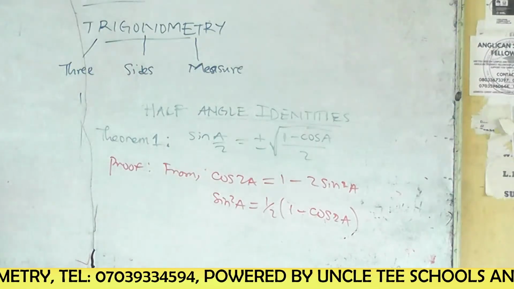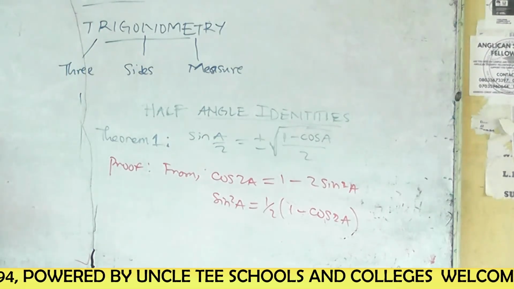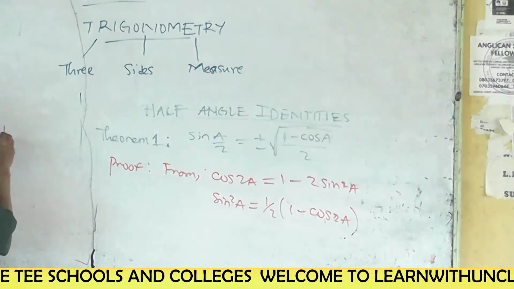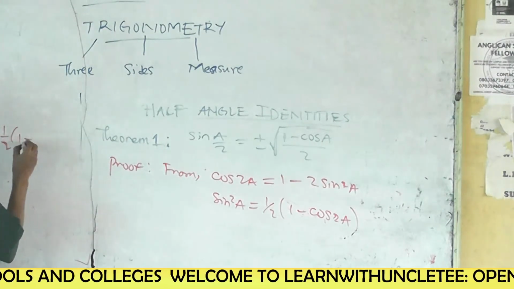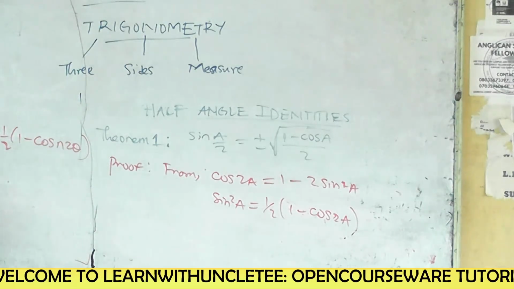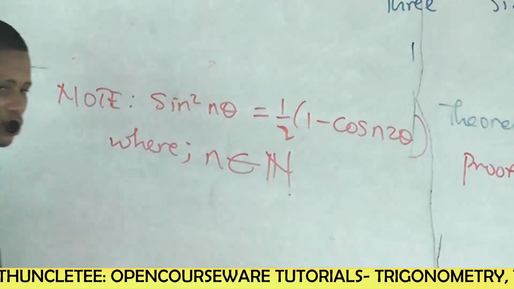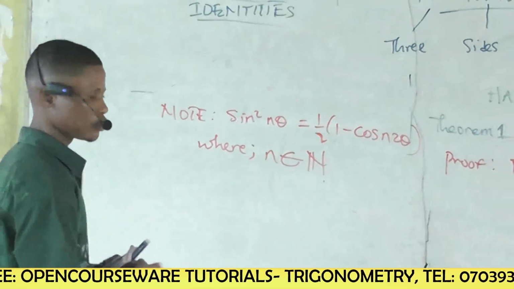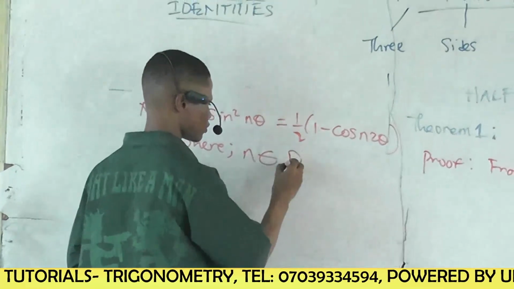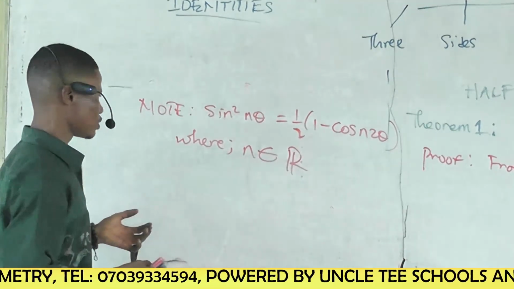Note this. If you have sine square n theta is equal to 1 over 2 into brackets 1 minus cos n2 theta, where n is a member of real numbers.